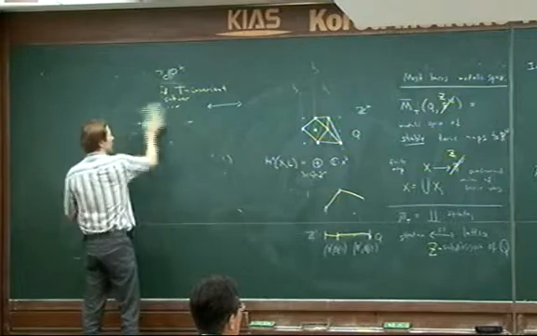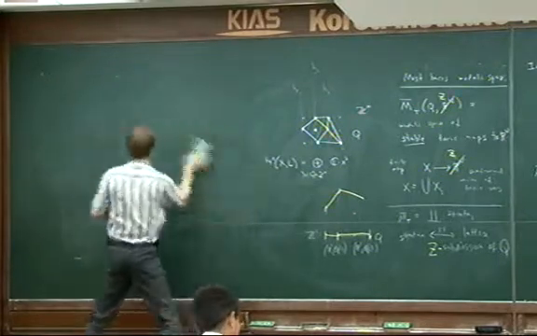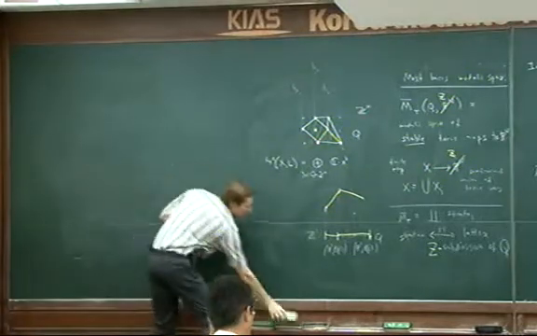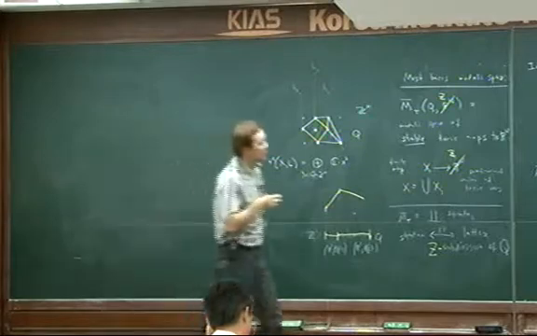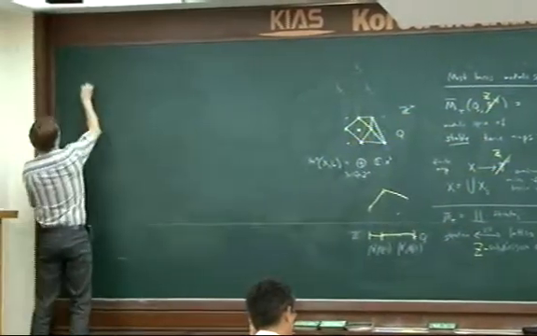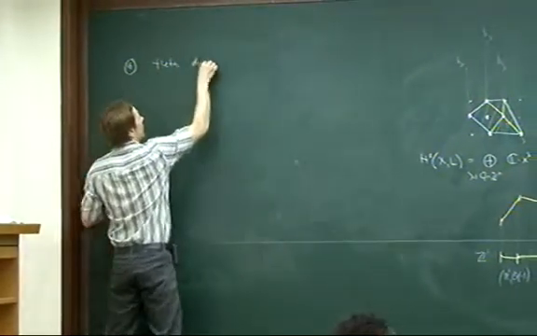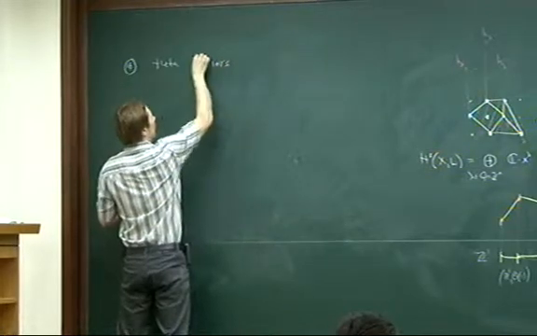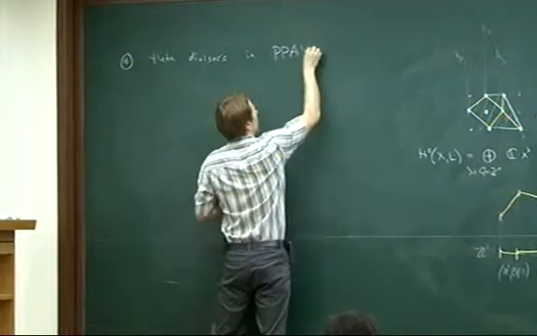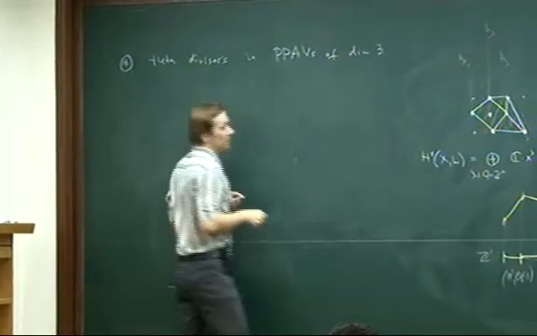So how many of them there are, etc. So what we begin with is, this will be the case 16. This will be the theta divisors in the principally polarized abelian varieties of dimension 3.